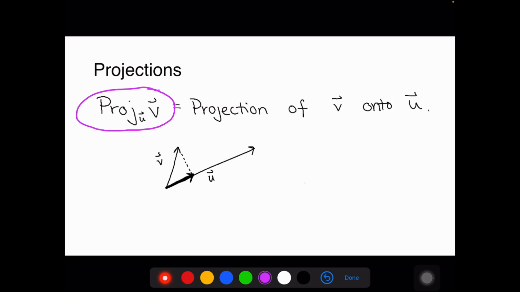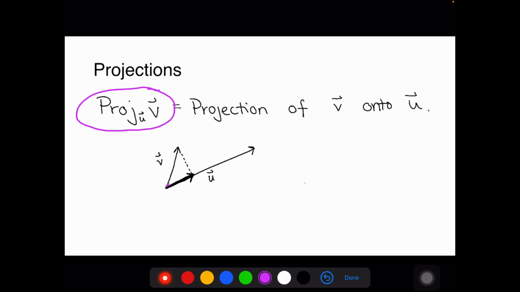And so I have a picture drawn to try to illustrate what we're doing here, but the projection of vector v onto vector u is basically just the component of v in the direction of u. And so that's what we're looking at here in the picture. Maybe I'll darken it in.